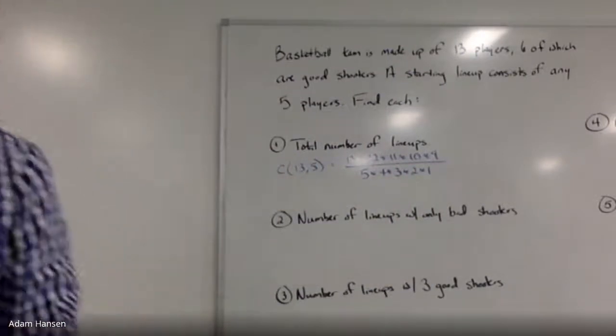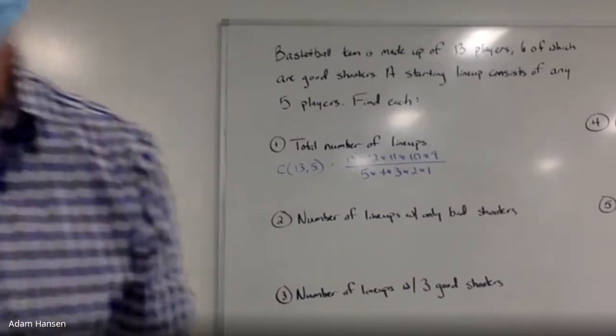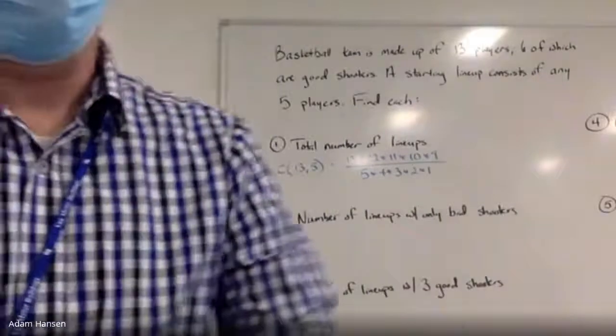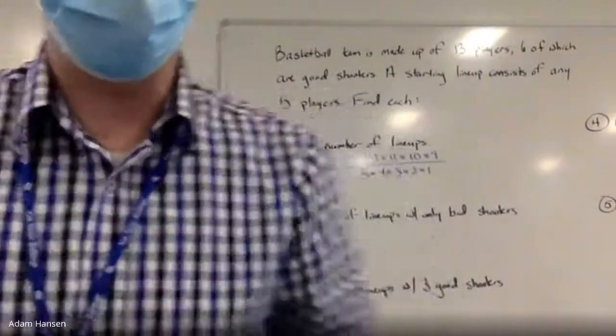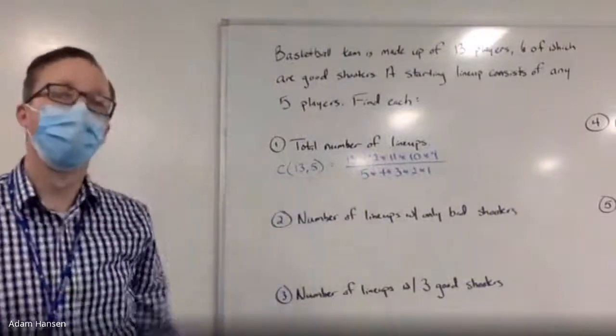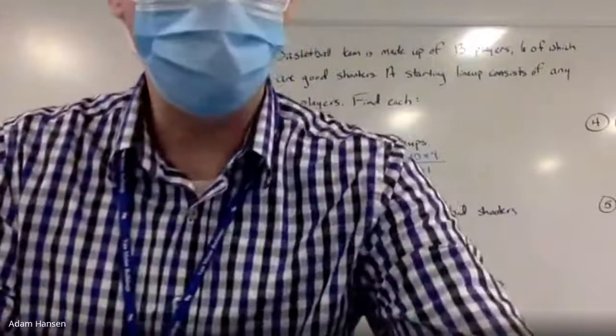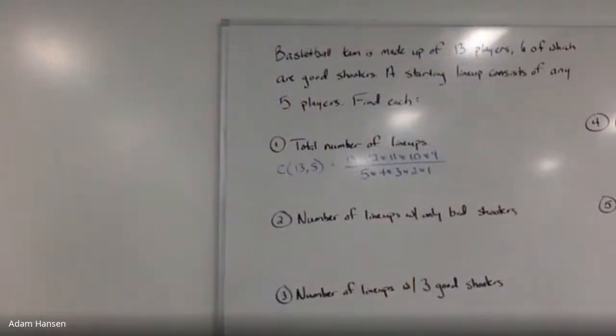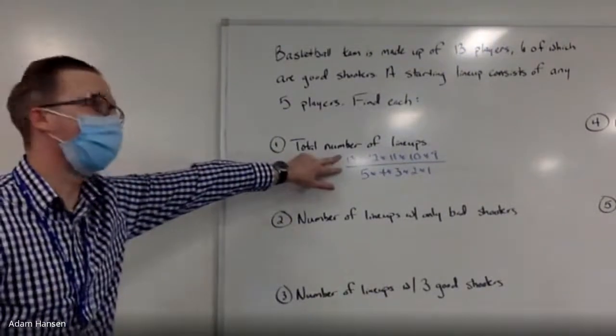Now, as we saw yesterday, there's kind of a slick way to do this on your calculator. On the Desmos calculator, there is an nCr button that I can use to do this calculation for me. So if I select that and do 13 choose 5, it gives me 1,287. The same value I get by typing in this big long expression.